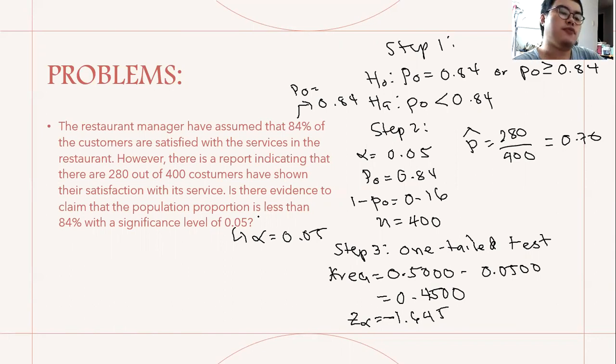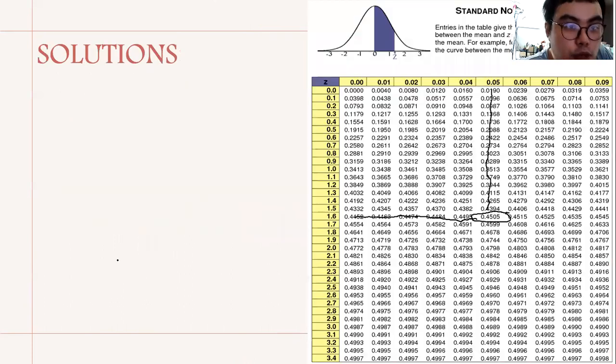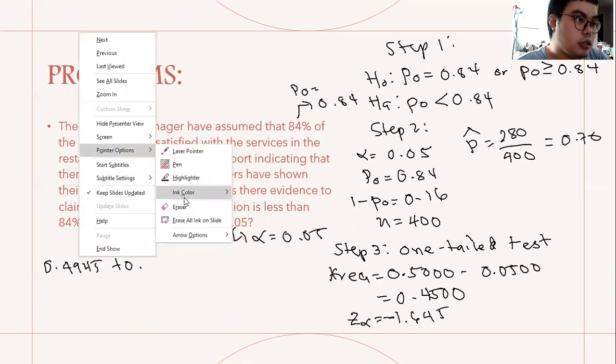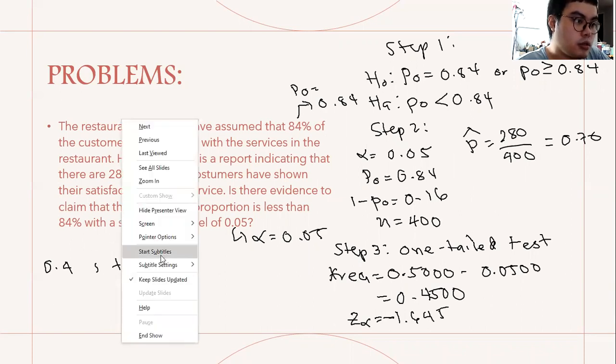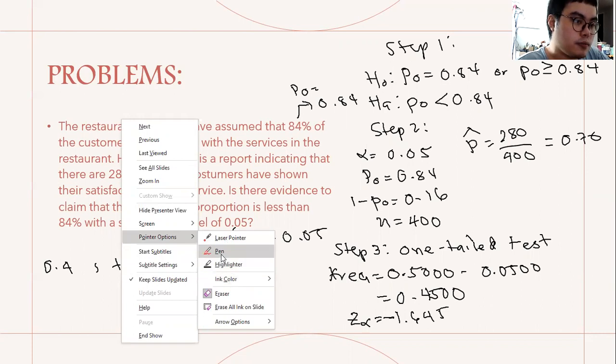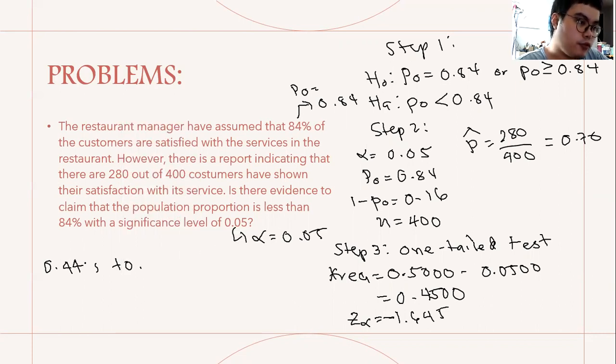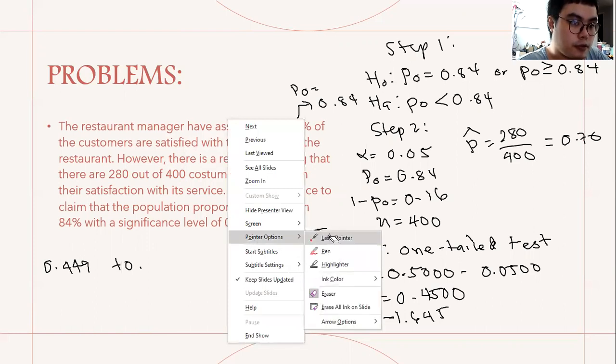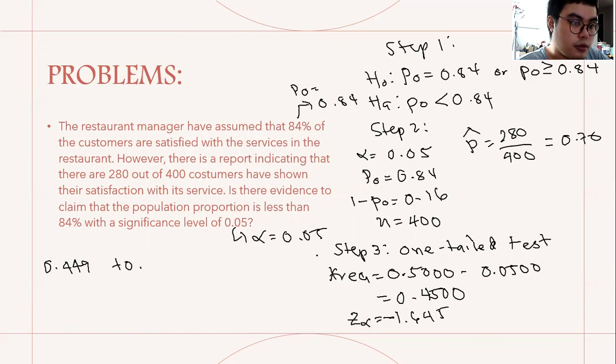Why is it 1.645? Because 0.4495 plus 0.4505, then divided by 2.